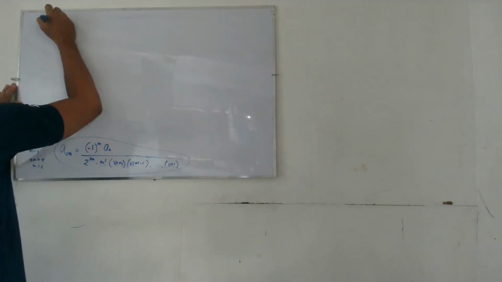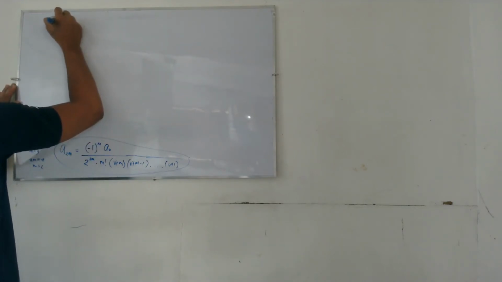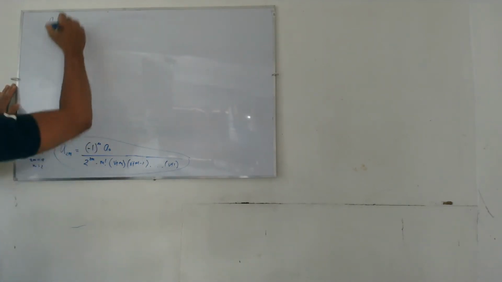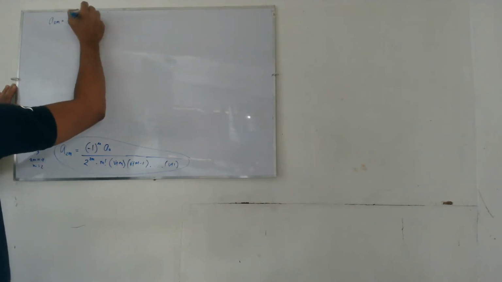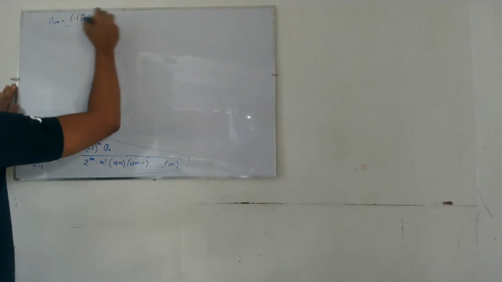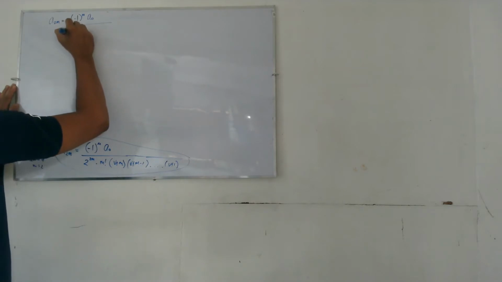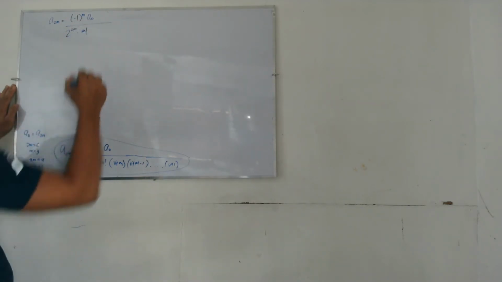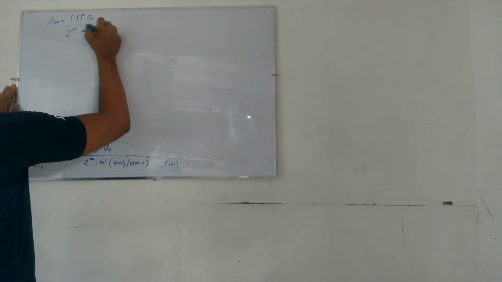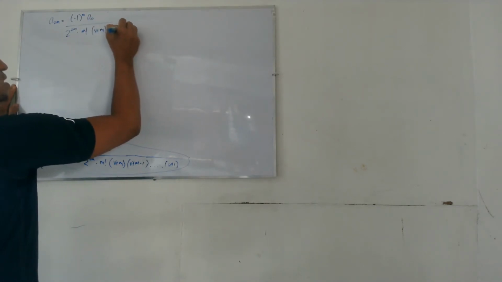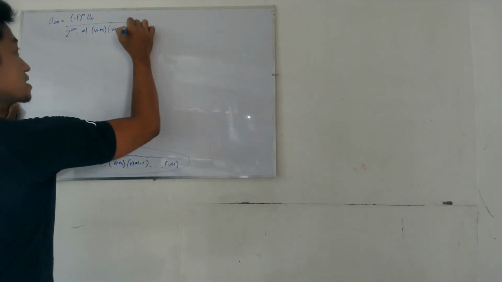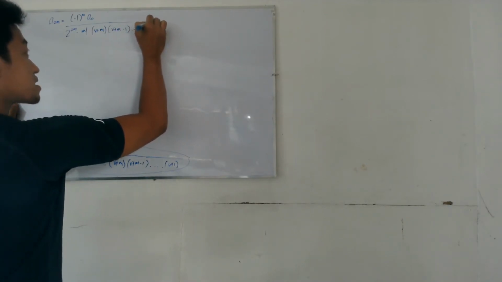Going back here, a to the 2m is equal to a sub 0 over b plus m, b plus m minus 1, down to b plus 1.